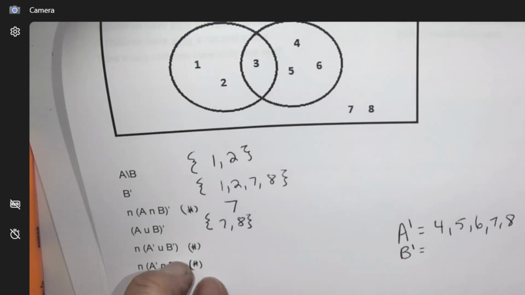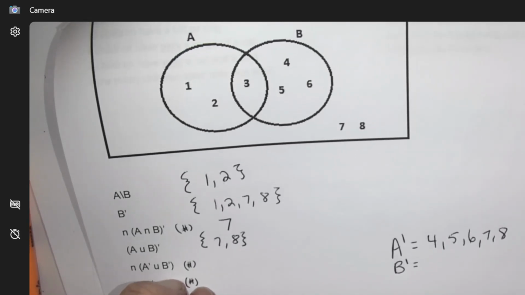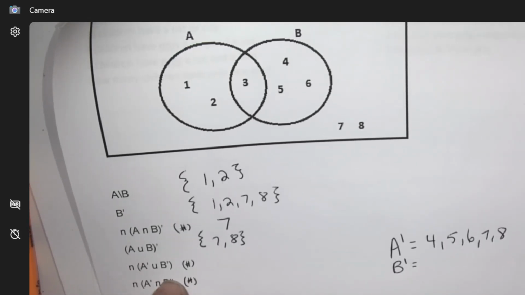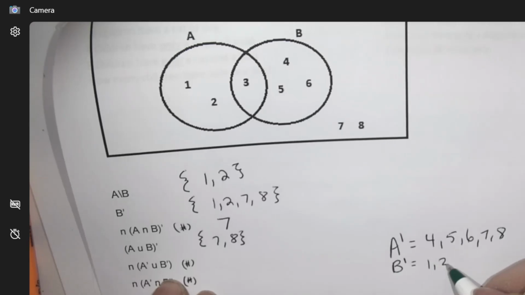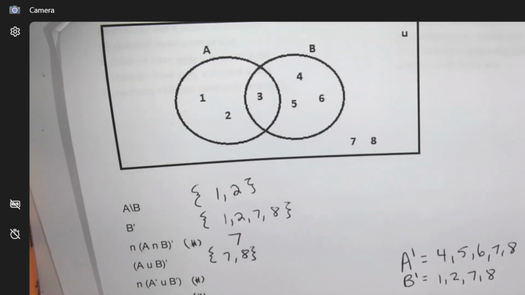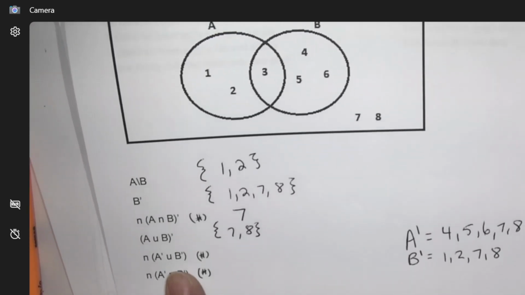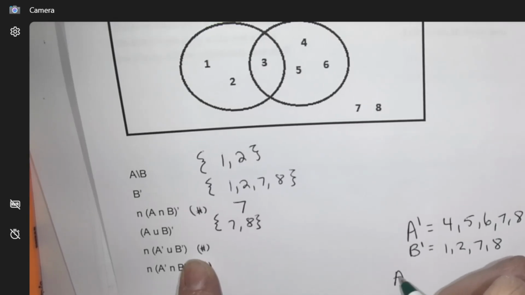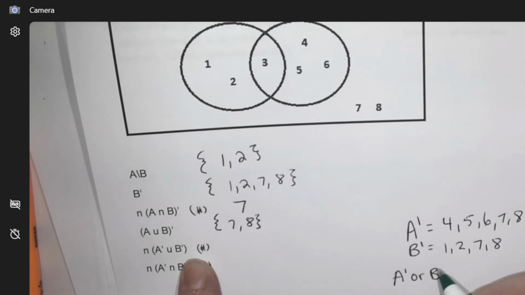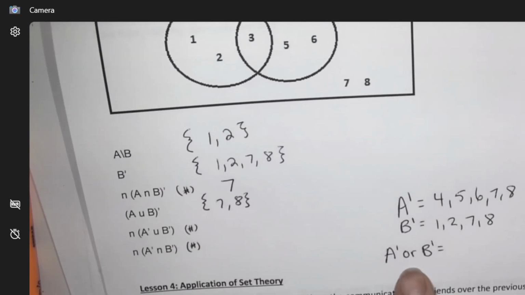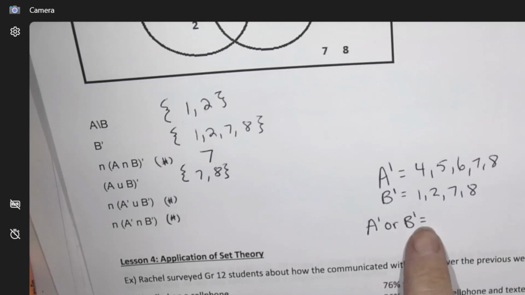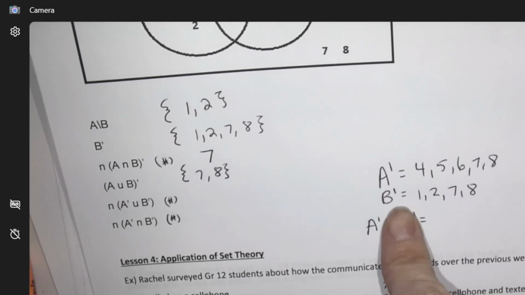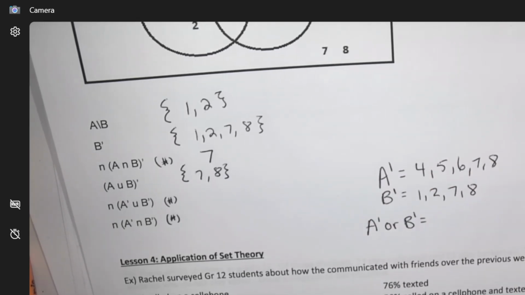What digits are not in B? 1, 2, 7, 8. Okay. So if I was to write a list of the or, what do I see in this or that?